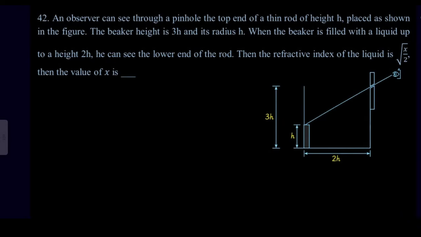Next, this is another important problem. This is one of the mains questions. Read the problem carefully. An observer can see through a pinhole the top end of a thin rod of height h, as shown in the figure. The beaker height is 3h.